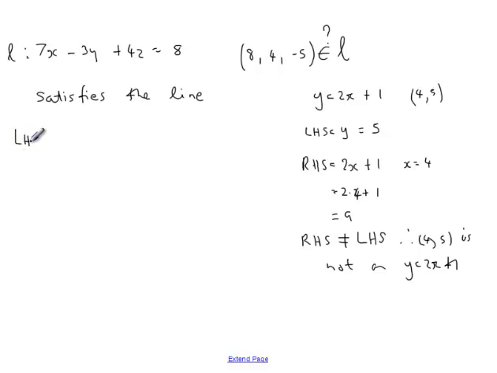Take your left-hand side, which is 7x minus 3y plus 4z. Now we know our x is that. So this must be equal to 7 brackets 8 minus 3 brackets 4, are we together? Plus 4 brackets minus 5.